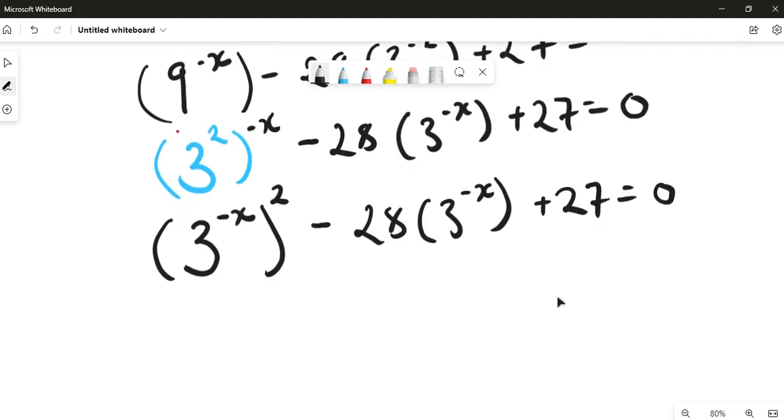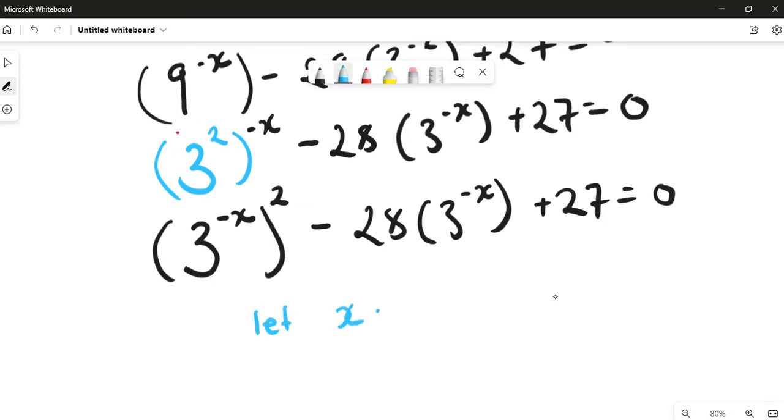Now we have our equation in quadratic form. Notice that this 3 to the power negative x is twice this 3 to the power negative x. So this is where the substitution comes in. I'm going to say let x equal 3 to the power negative x. So where we have a 3 to the power negative x, we substitute it with x.